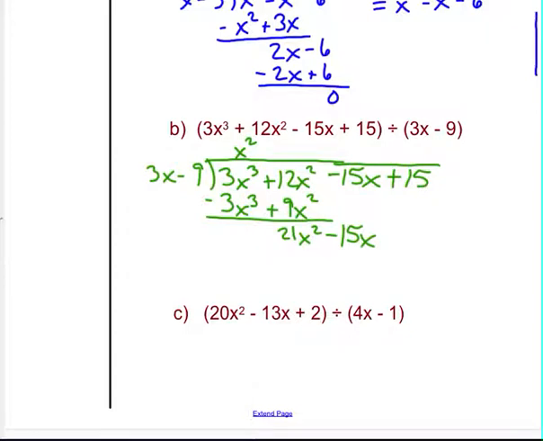3x goes into 21x squared 7x times, because 7x times 3x is 21x squared. And 7x times negative 9 is negative 63x. Change the signs. And when we add, we get 48x.